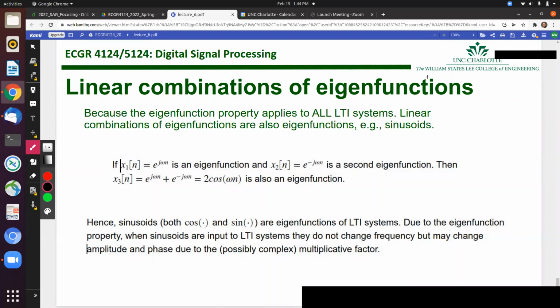And so what does that mean? Well, we showed that if we take the sum of a complex exponential and its complex conjugate, we get a cosine. So does that mean sinusoids are eigenfunctions? A complex exponential is an eigenfunction.